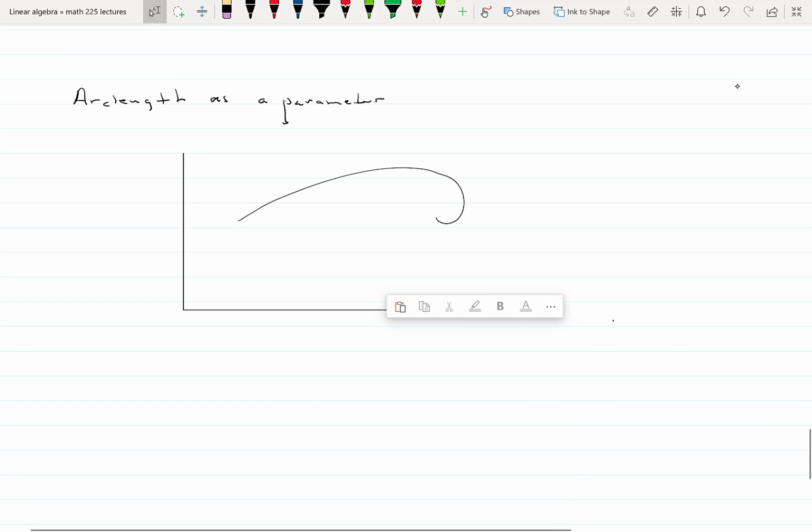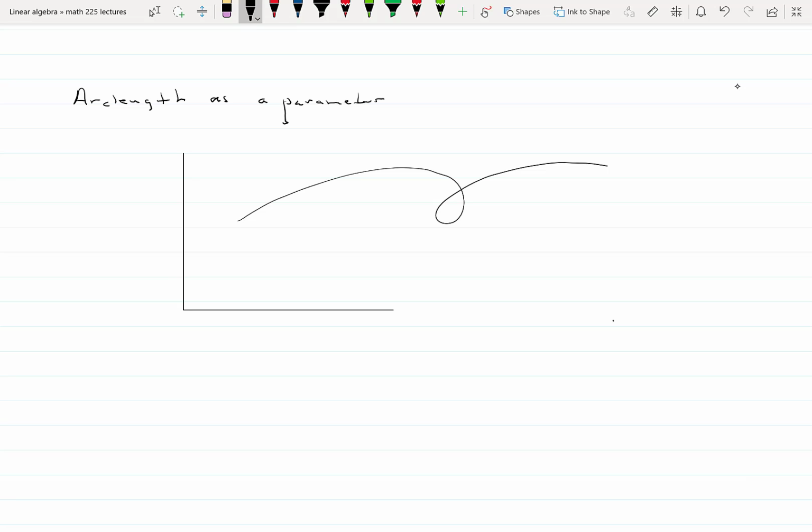So here's a space curve. And here's r as a position vector. Here's r, a position vector r. I would like to write r, here's a different position vector, as a function of how far, let's say that initial position vector is r sub 0.